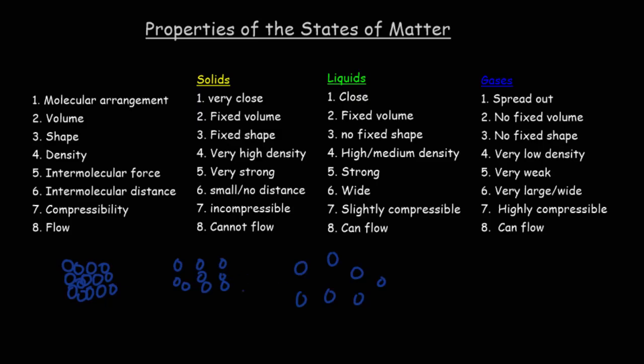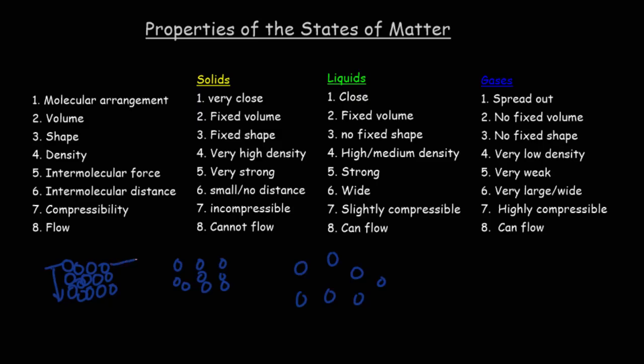Let's look at the seventh property, which is compressibility. Now, what is compressibility? Compressibility is the ability to change the position of a structure from a high position to a very low position.